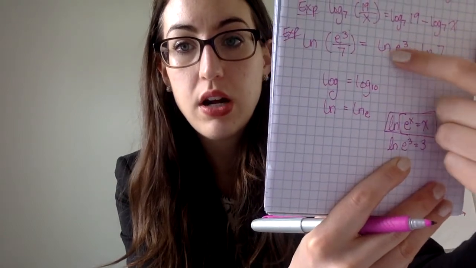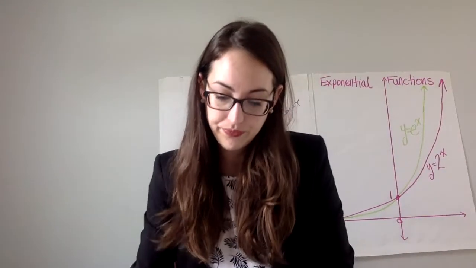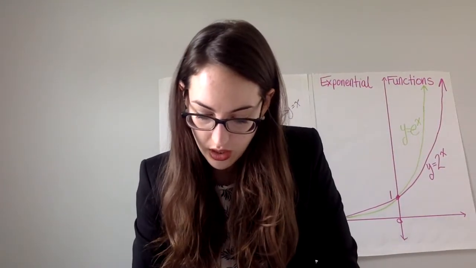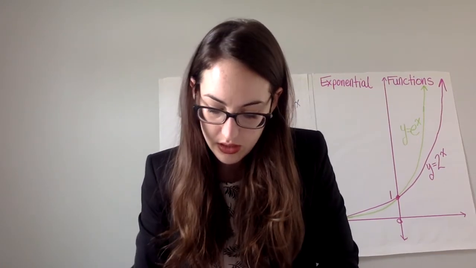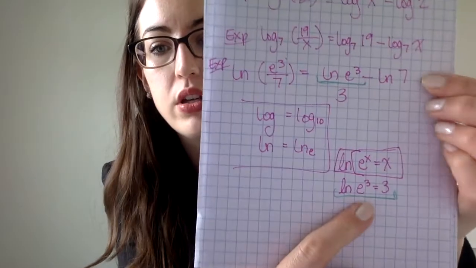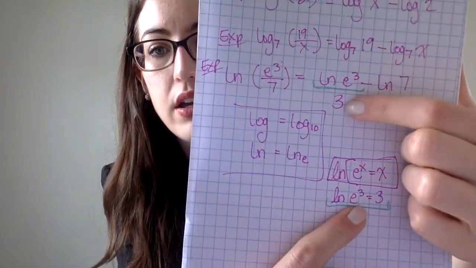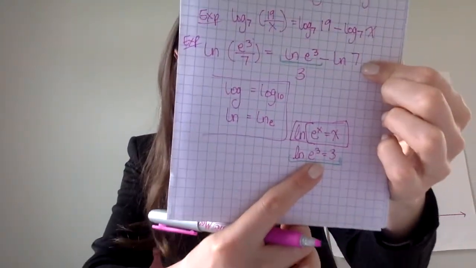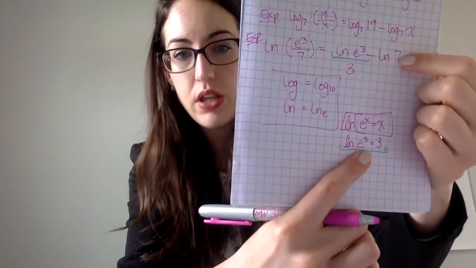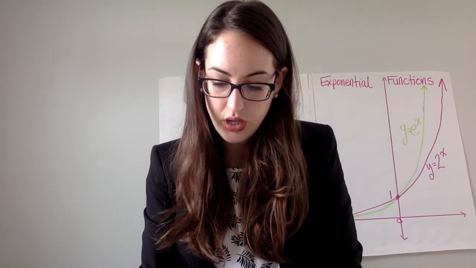So this right here, natural log e cubed, we can replace with a 3. Following this rule, I've plugged into that rule, shown in green, so that gets replaced with a 3. And then minus natural log 7, we can't really do anything with that right now, so we just subtract natural log 7.